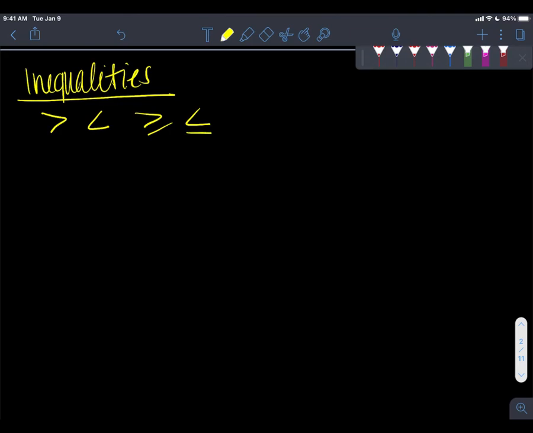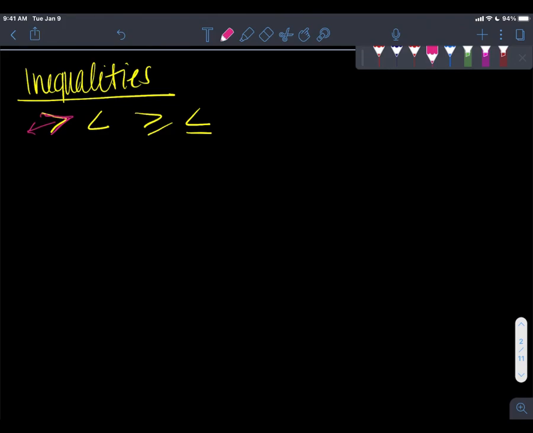They only have four symbols, and these are going to be either greater than, less than, greater than or equal to, or less than or equal to. Now, how do I figure out which one is which? Well, these symbols always open towards whatever's bigger.